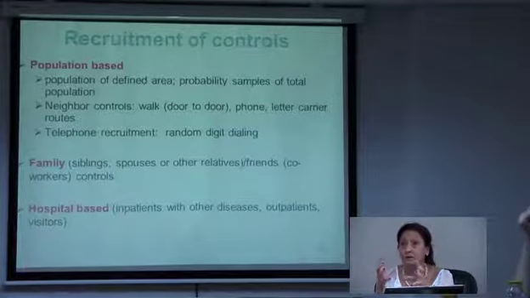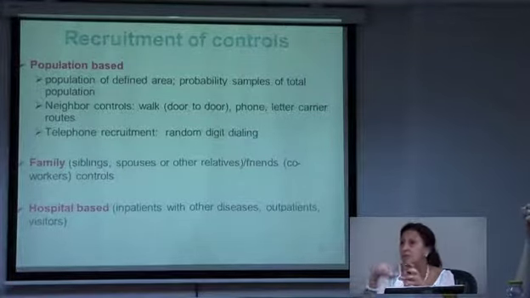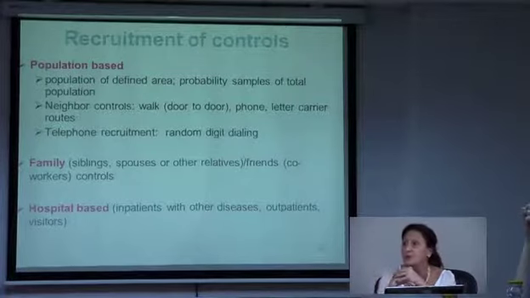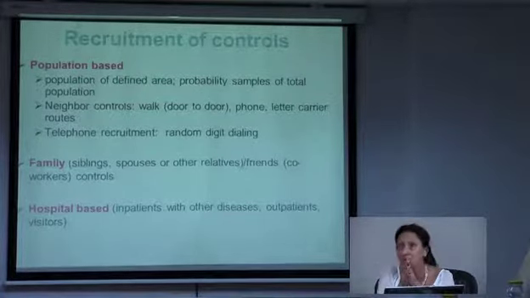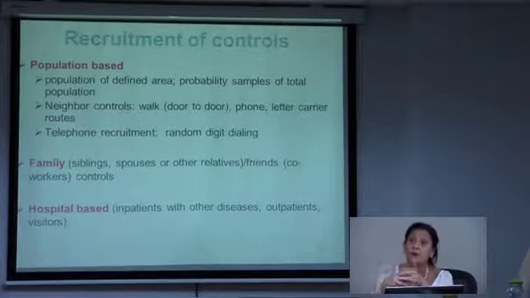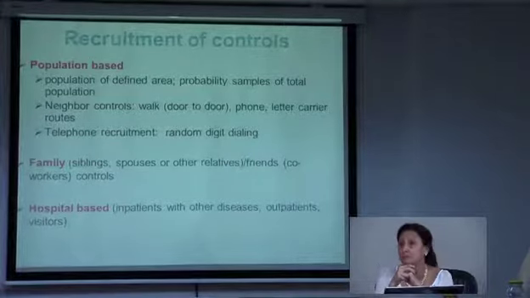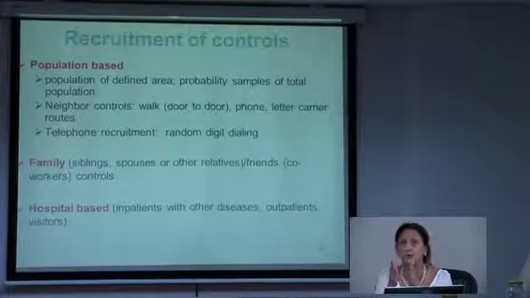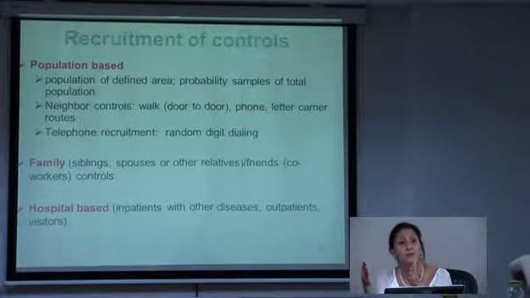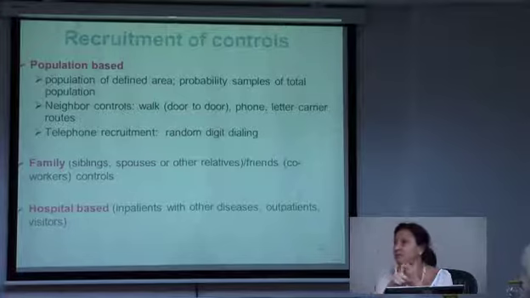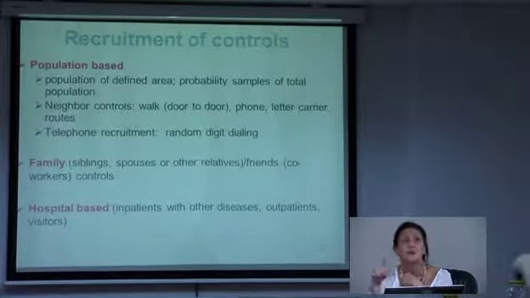You could take from different areas proportionally to size by just doing random digit dialing, or maybe go to this area, which I think is not very feasible. So what would be another option? It is to take family controls. Family controls could be siblings, spouses, relatives, and you can take friends and co-workers as controls.